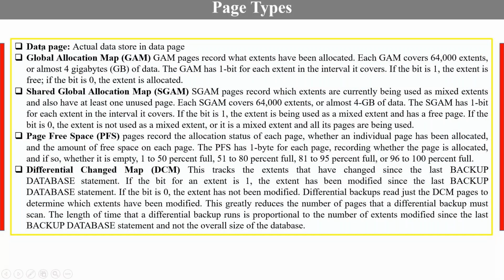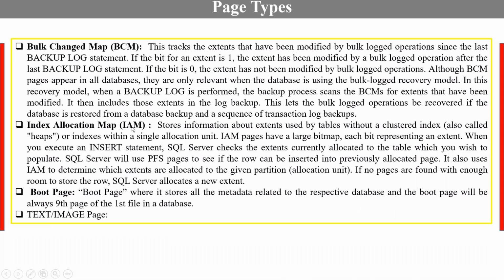One is SGAM, shared global allocation map. One is PFS, differential map, bulk change map, index allocation map, boot page, text page, and image page. So almost 10 pages in SQL Server.